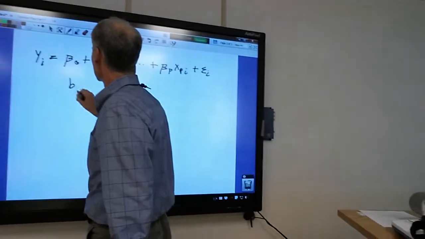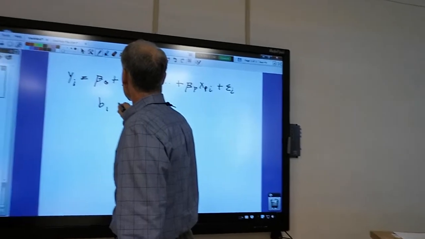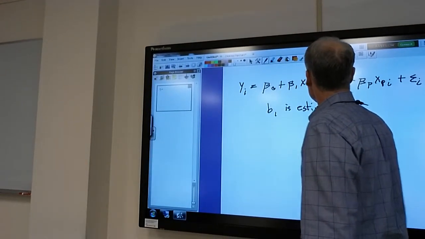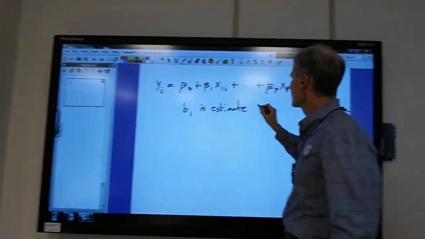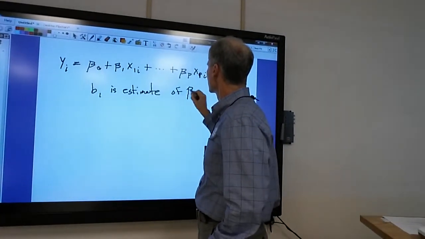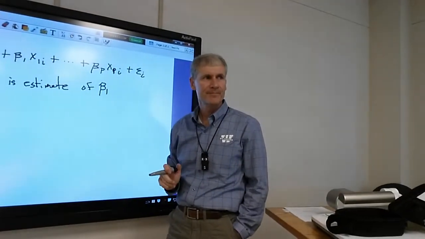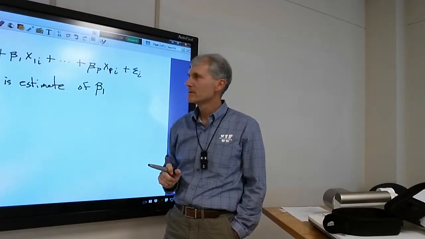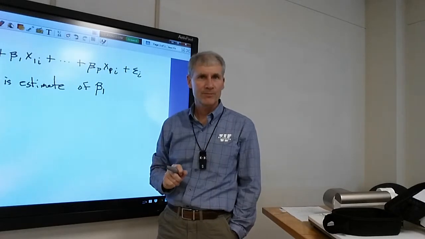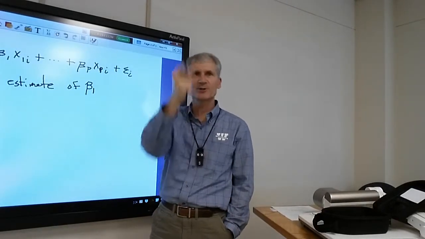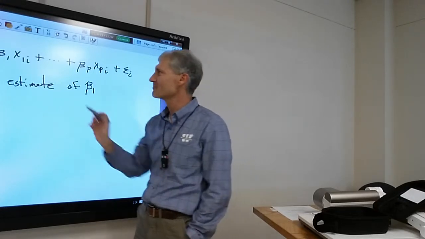B1 is an estimate of beta 1, but how do you interpret the value? The impact the x variable will have on the slope of your model. Okay. While holding everything else constant. That's what I want to make sure, because I don't think I said that before, and since you already had regression, you knew the answer to that.